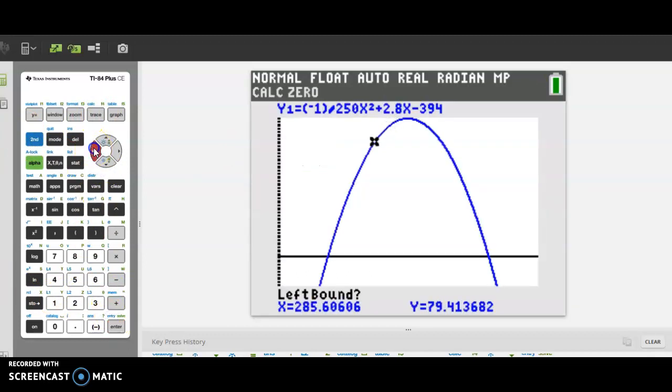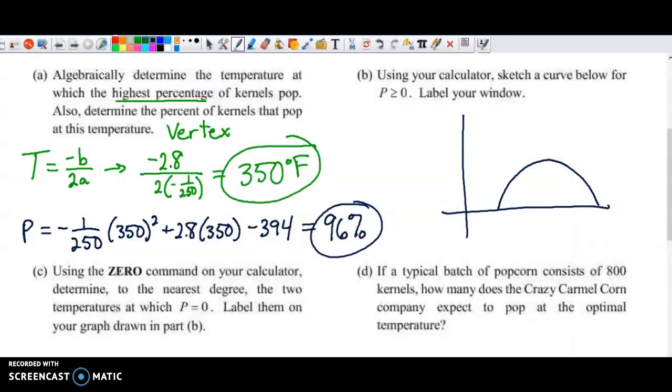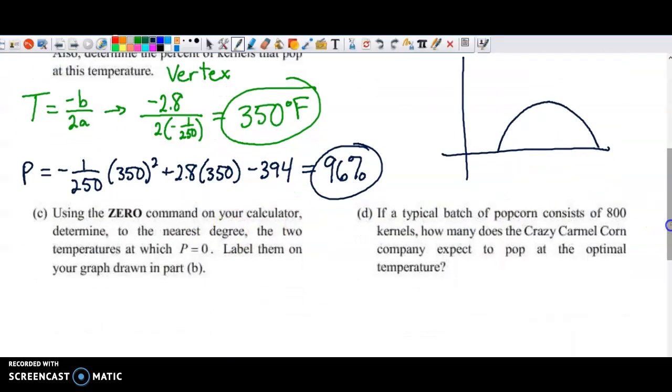And I can move my cursor to the left and hit enter. And then to the right, hit enter. And then in between, hit enter a third time. And I can see that the 0 actually happens at 195 degrees. So 195 degrees. So that would be like right here.